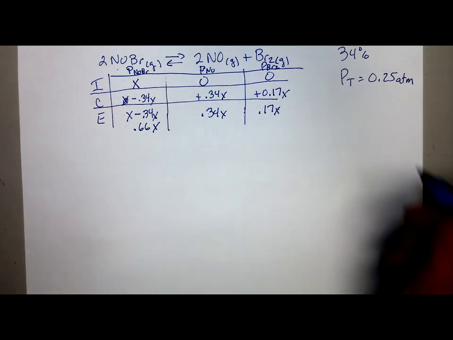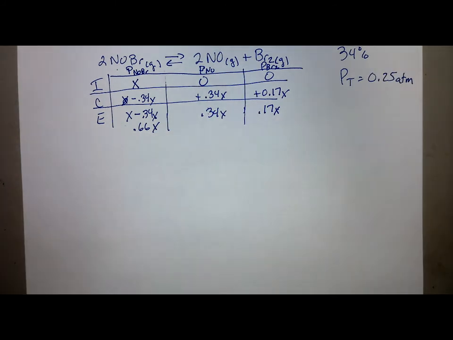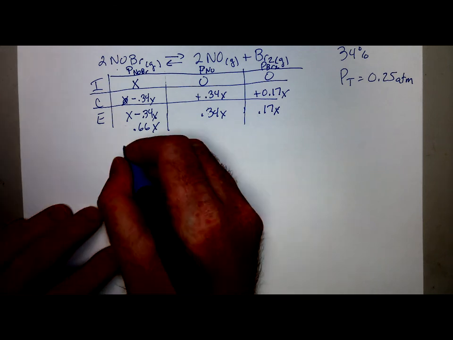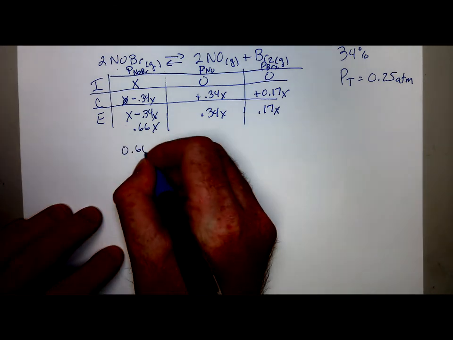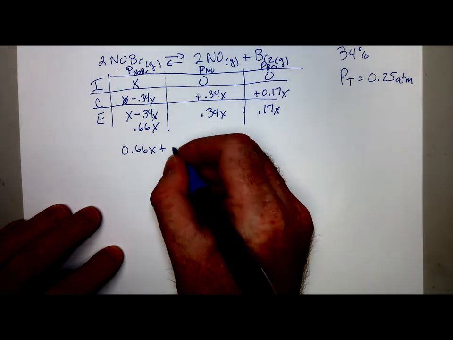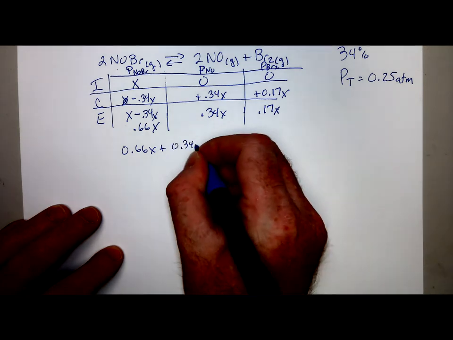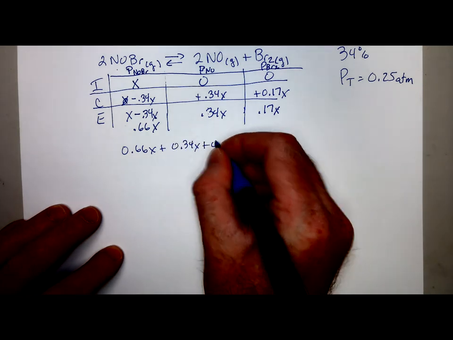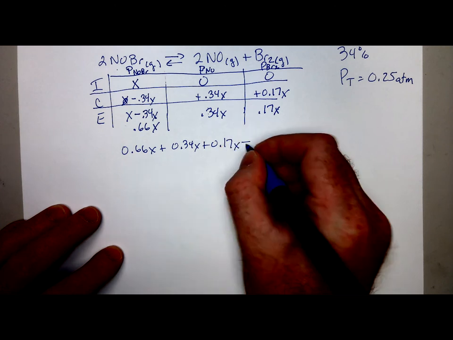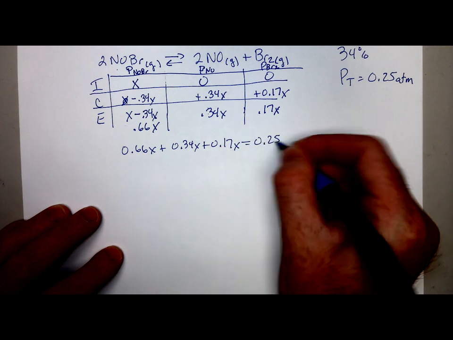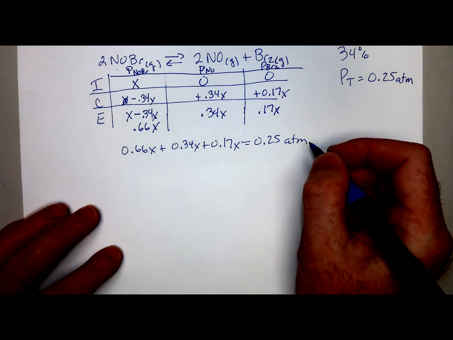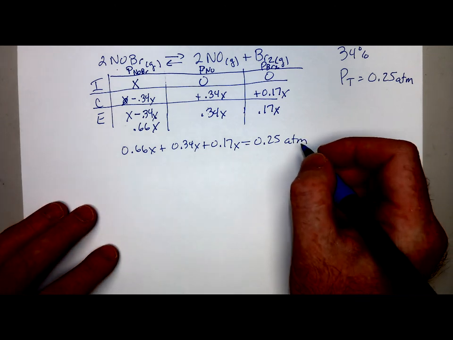Now we use our total pressure. And so we're going to say 0.66 X plus 0.34 X plus 0.17 X is going to equal 0.25 ATMs. But we just need to combine like terms.